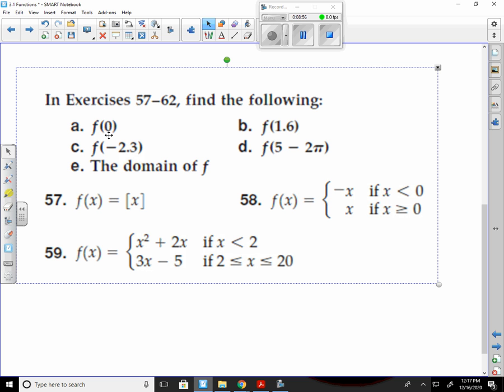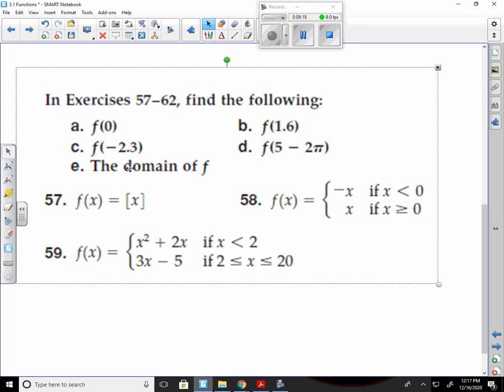And if I'm doing the greatest integer function, that means that it's going to be the integer that's smaller than the number, and an integer just means a whole number. So it's the greatest integer that's smaller than the number, if the number is not an integer already.